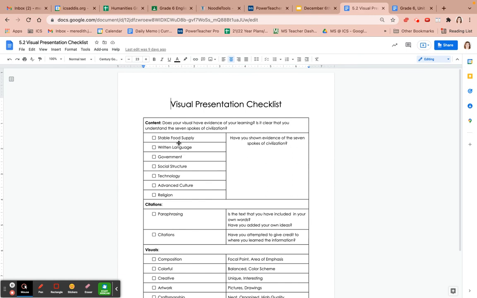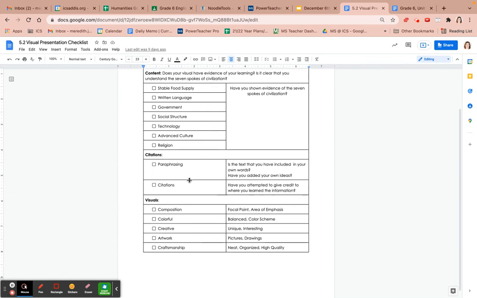Can I find evidence of food supply, written language, government, social structure, technology, culture, and religion for what you are sharing with me? Whether that is a made up society or whether that is the one you're reporting on. Can I see that you've identified that? That's part of the standard. Have you paraphrased and included citations for any of your content? I've put that on a few people's work already, asking them, please, please, please make sure you do that.